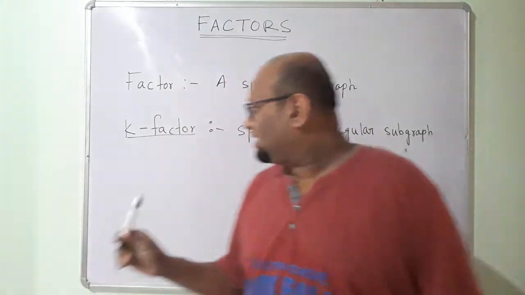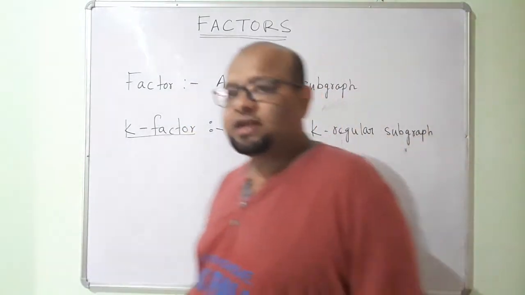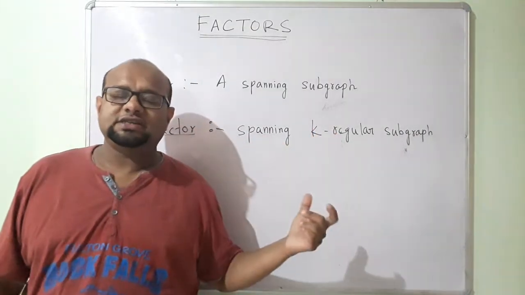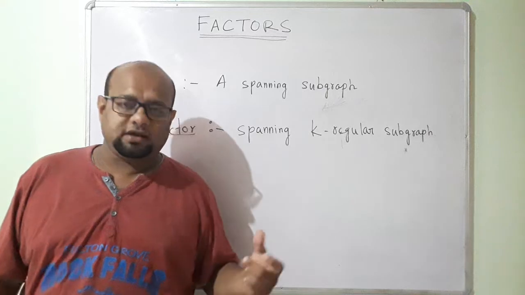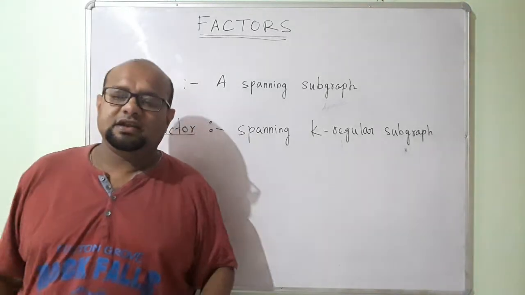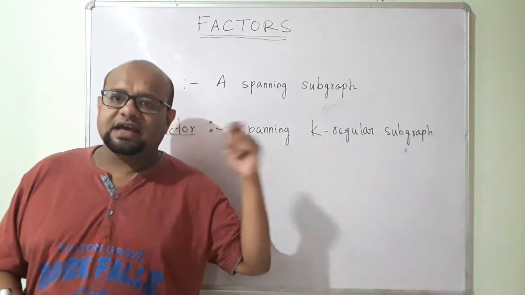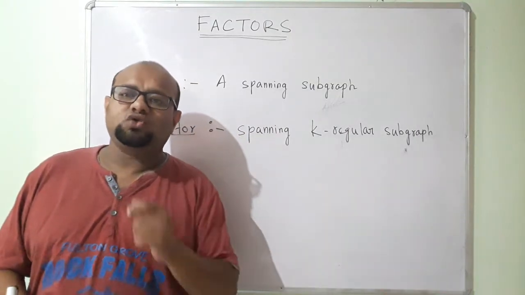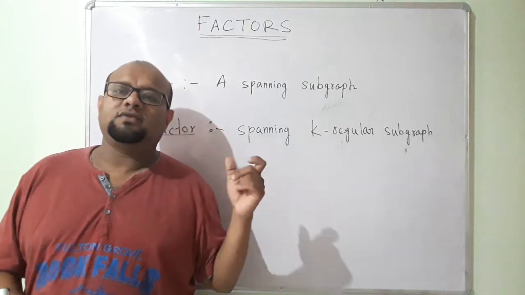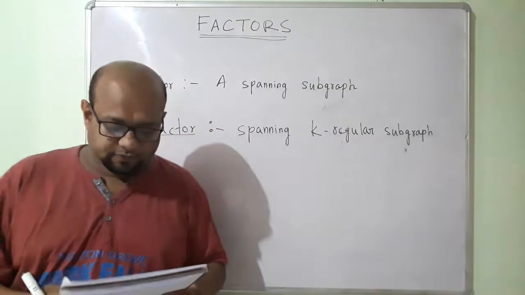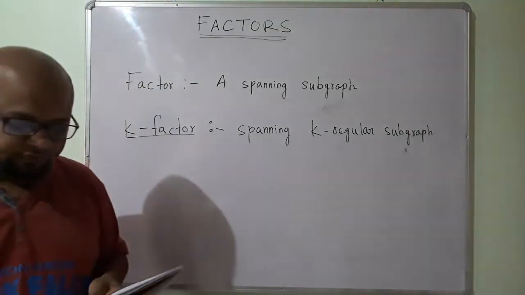So it should be a k regular subgraph. A k regular subgraph means all the vertices should have degree equal to k, and it should be spanning. That means the subgraph should have all the vertices, and each vertex should have the same degree, equal to k in the case of a k factor.